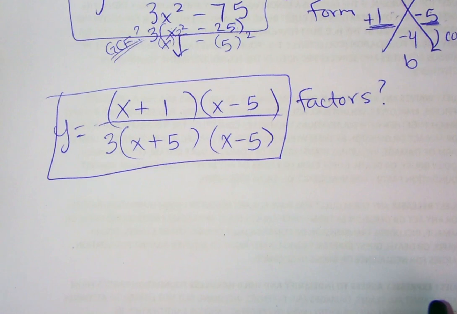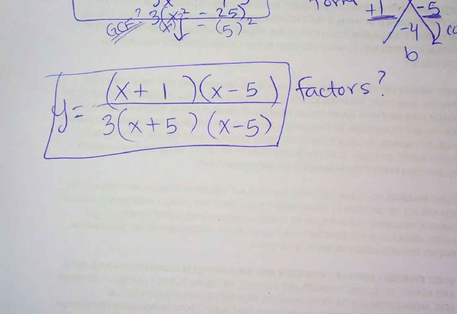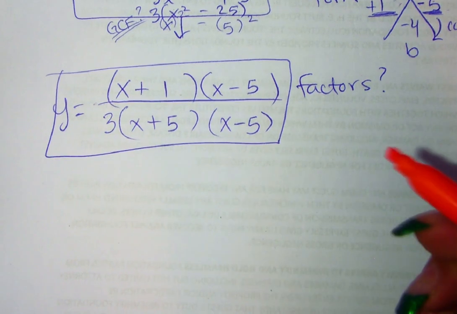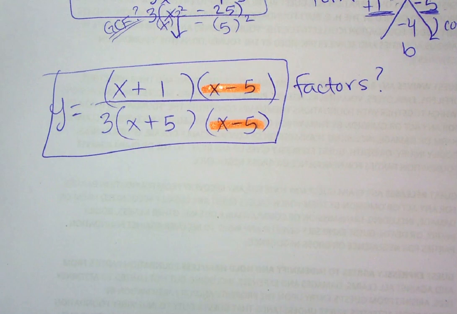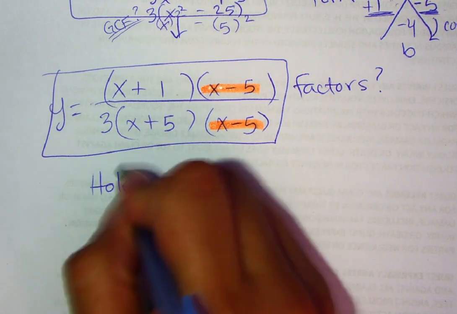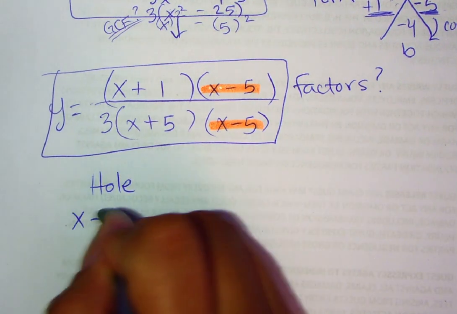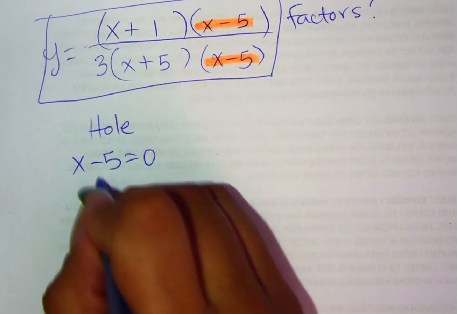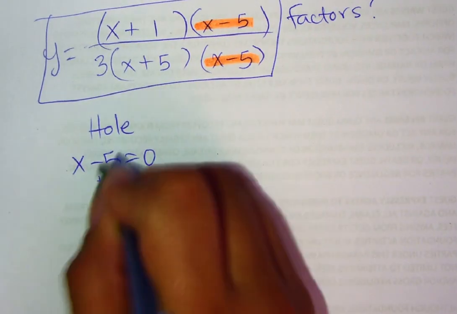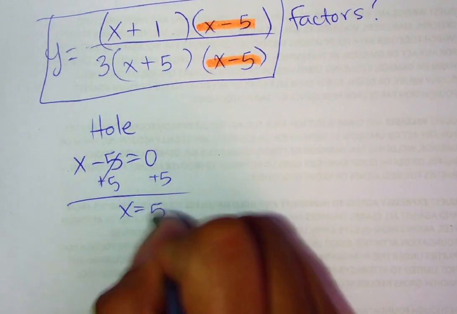this right here. Now that you have the factors, you continue with the process, which is find identical factors on the numerator and denominator, which are these two. And these two will give you the hole. So you just write it down one time and then you solve for it. Add 5 to both sides to cancel, and x equals positive 5.